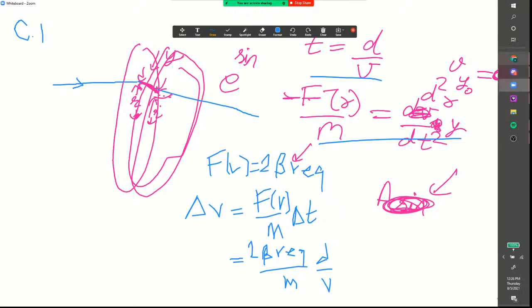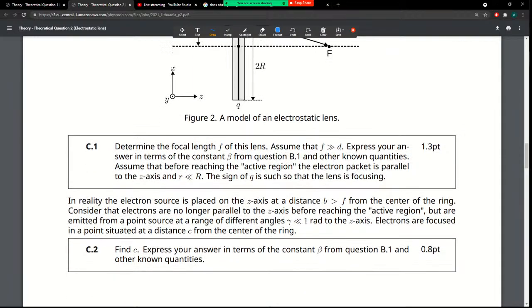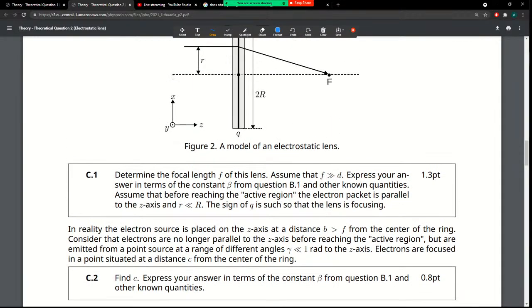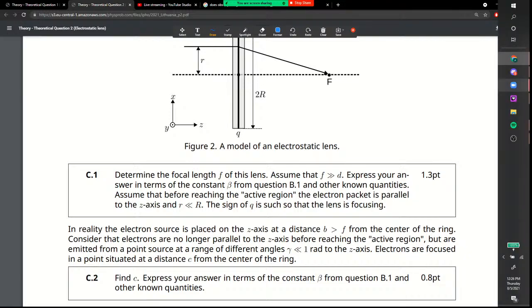So then what's it asking for? It's asking for the focal length. So to find the focal length, we just need to find the total time it requires for the electron to get there.